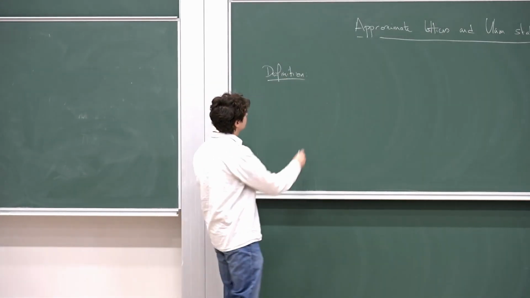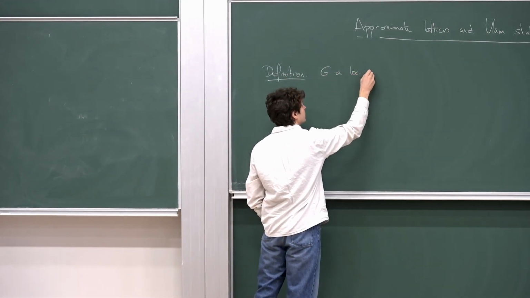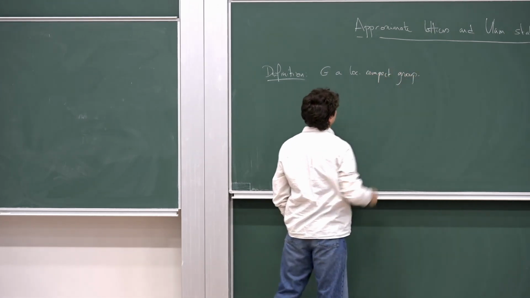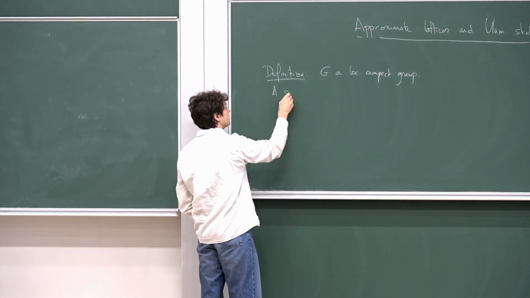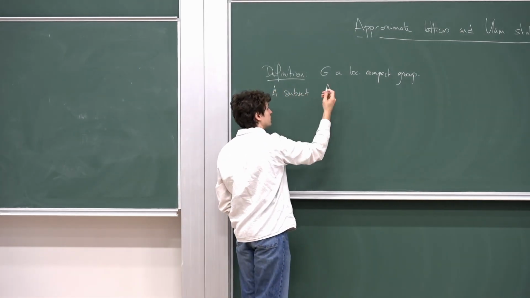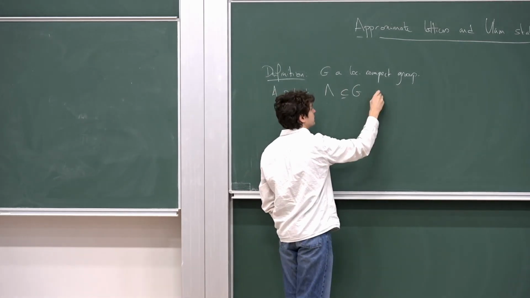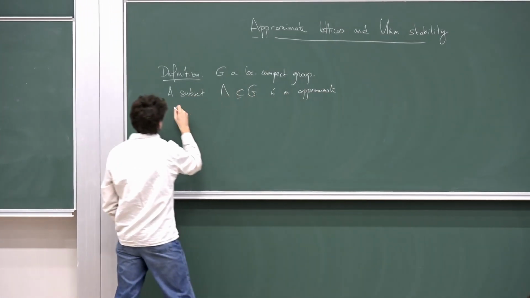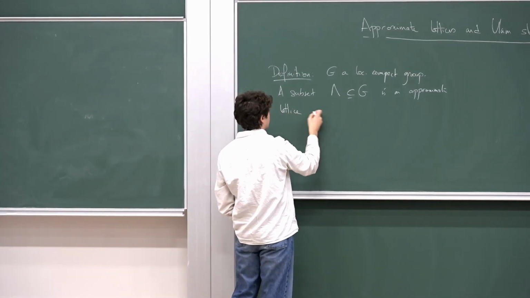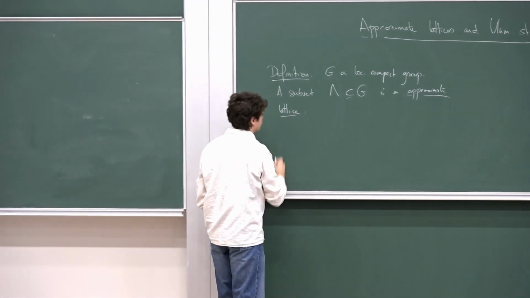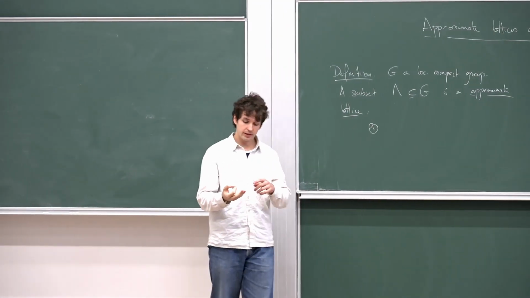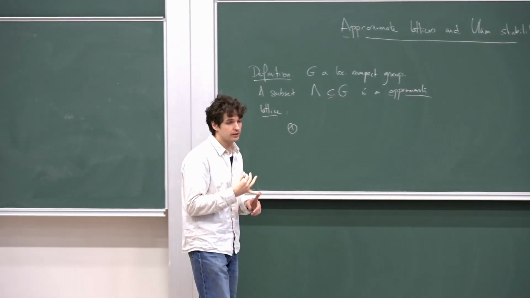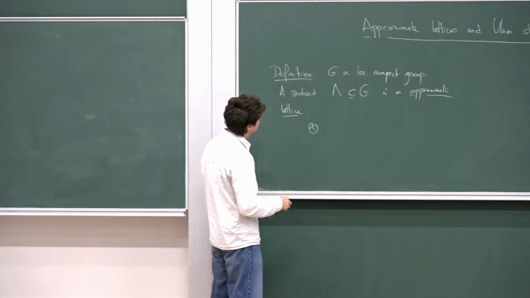If you take G, a locally compact group, you say that a subset, usually called lambda, of G is an approximate lattice if it satisfies three conditions. Lattices are subgroups that are discrete and have finite covolume. What we'll generalize is the subgroup part. But let's start with the easier one.